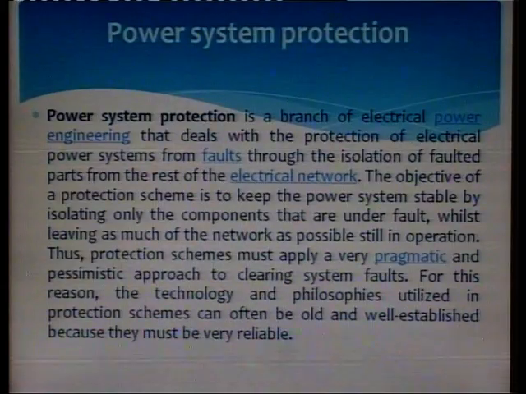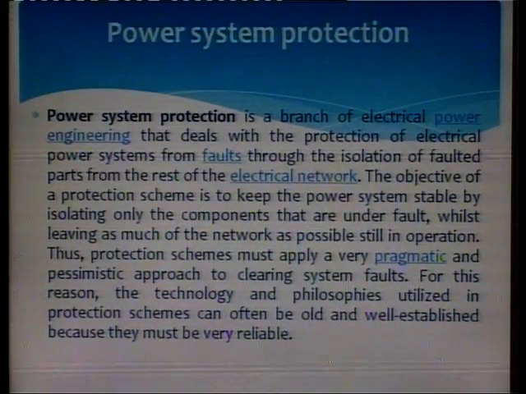The main objective of the protection scheme is to keep the power system stable by isolating only the components that are under fault, while leaving as much of the network as possible still in operation. So only the faulty part is isolated by the protection components while the healthy part keeps in operation.